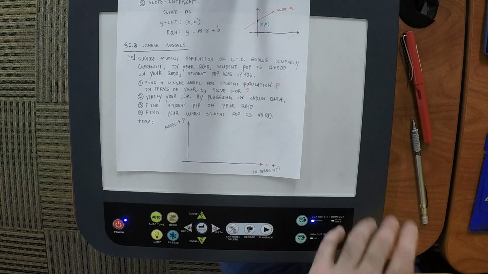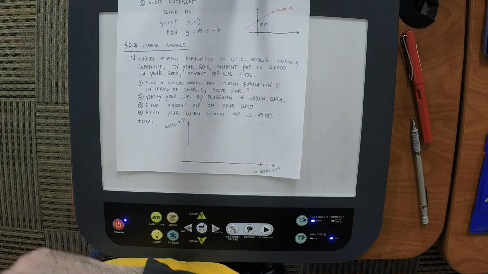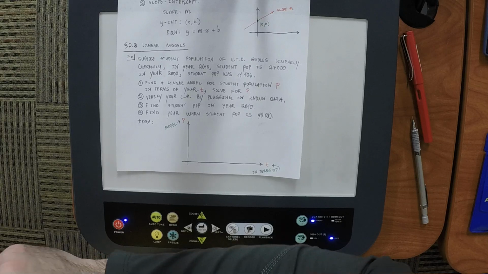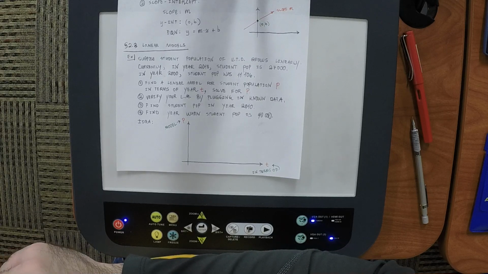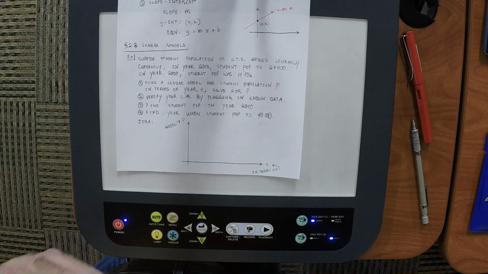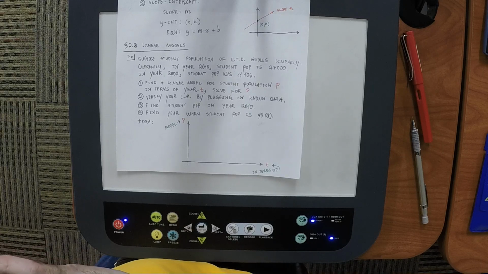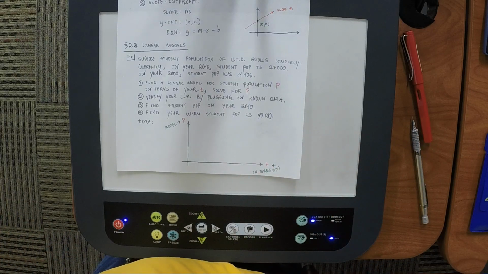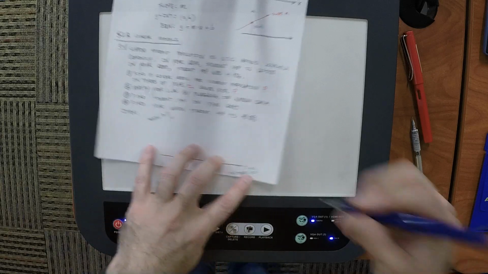So the next language I'm going to say is not used in our book, I think, but it's somewhat common that many of you, if not all of you, have seen before. So there's this notion of an independent and a dependent variable. So which one is which? Time is independent.